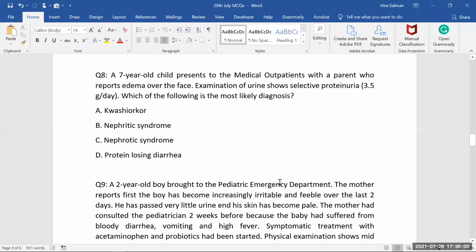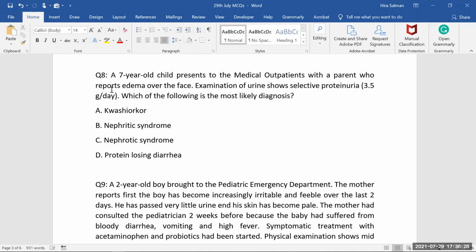Okay, for the next question. A 7-year-old child presents to the medical outpatient with a parent who reports edema over the face, again periorbital edema, facial edema. Examination of urine shows selective proteinuria, 3.5 gram per day. Massive proteinuria alone is diagnostic of nephrotic syndrome.